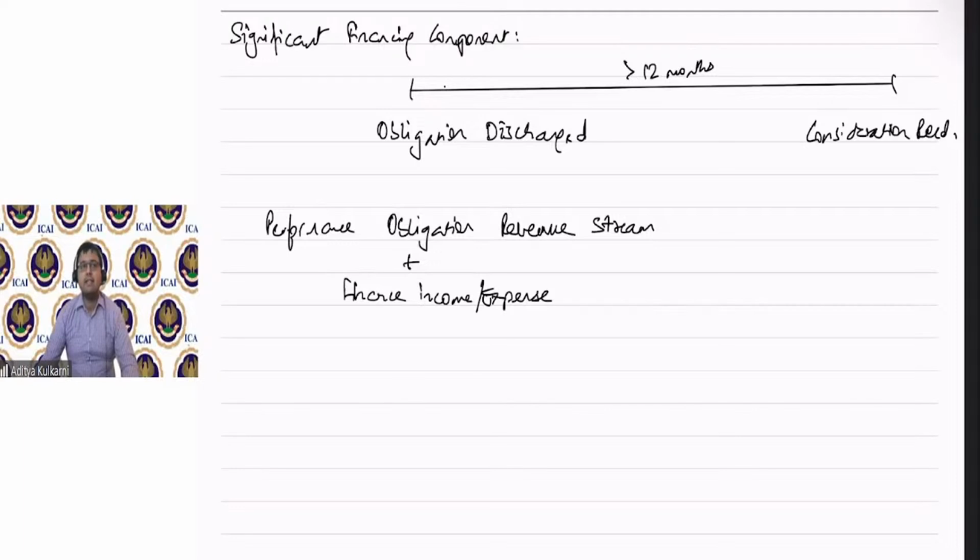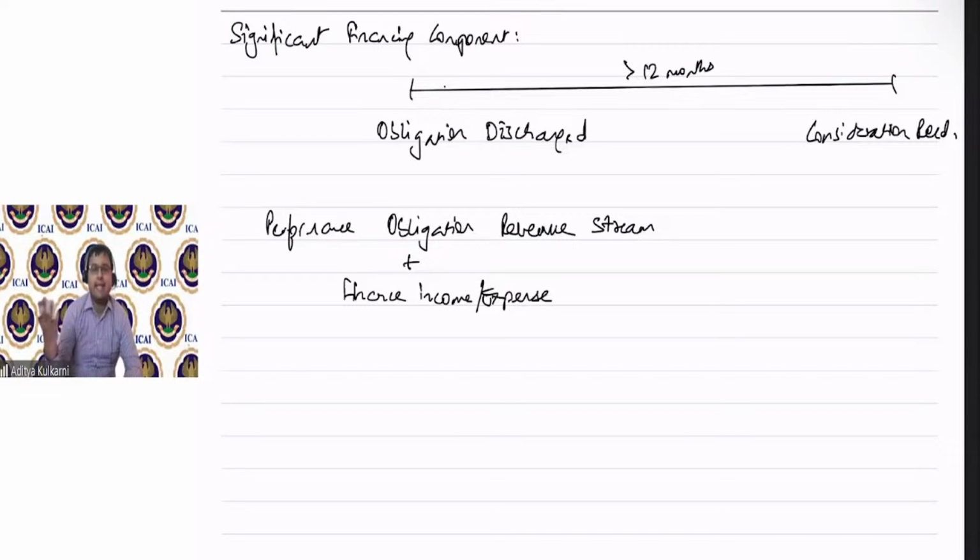The finance income or expense is recognized over a period of time, because the financing is happening for a specific period, whereas the obligation could be at a point in time or over a period of time, depending on the nature of the contract.